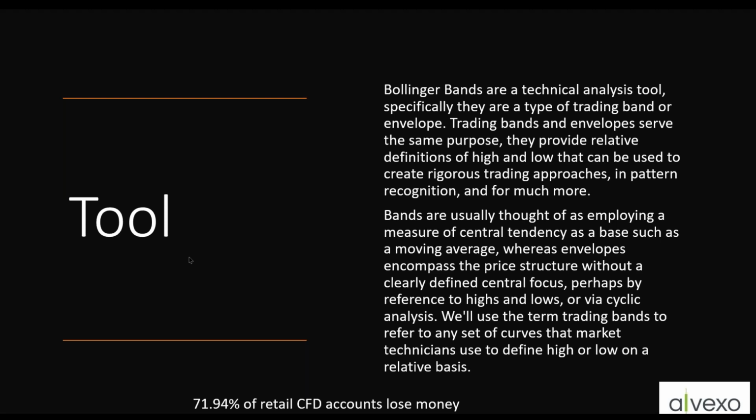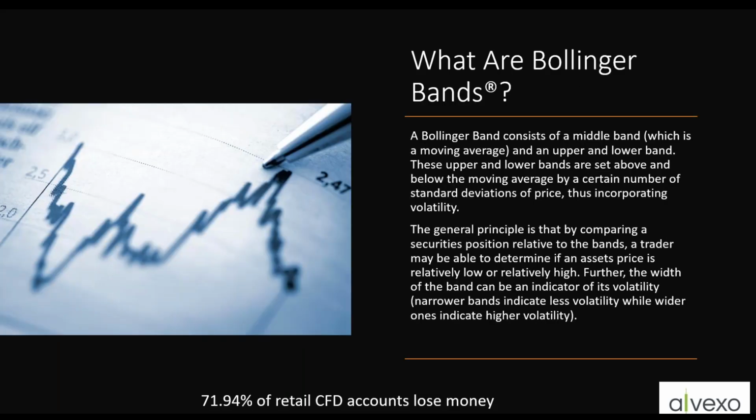So the bands are usually thought of as employing a measure of central tendency as a base, such as a moving average. So we start with the moving average. Whereas the envelope covers the price structure without a clearly defined focus, these become bands as opposed to envelopes because they do have a defined structure, which is that moving average.